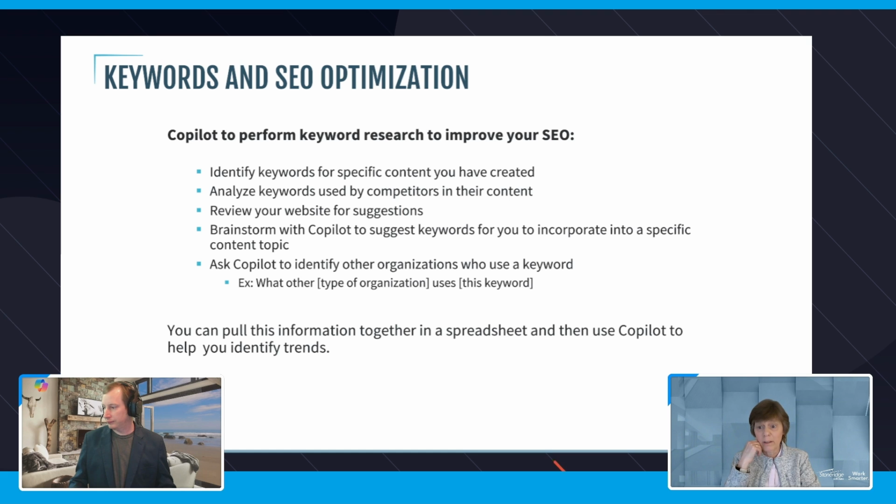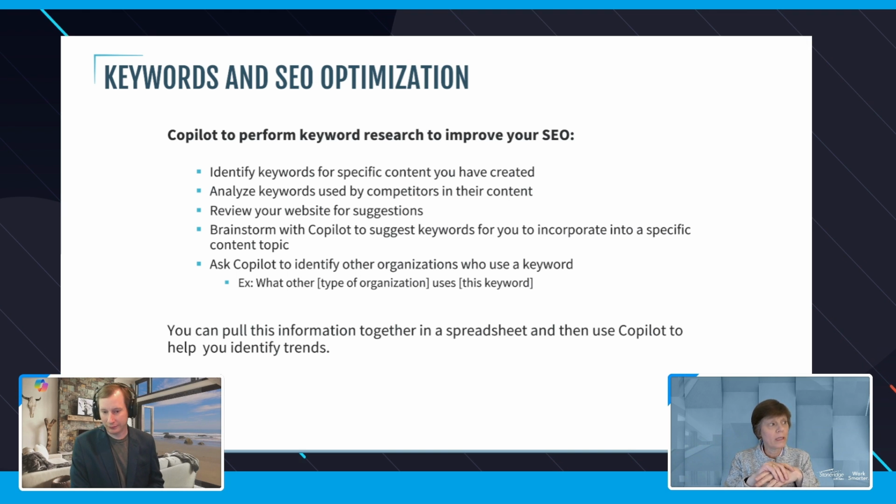You can go out, grab your competitor's blog, put that URL in there and ask Copilot to tell you what keywords are best for their content. Compare them. Are you all in the same space? Is there something maybe that they're using that you're not that you want to try to use? It has some really great features and it works in reverse as well.